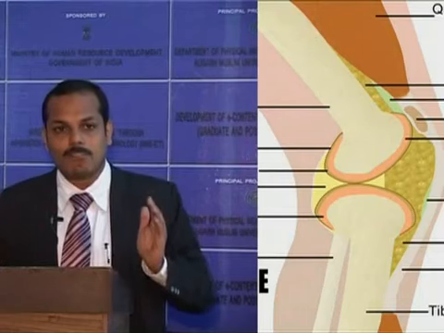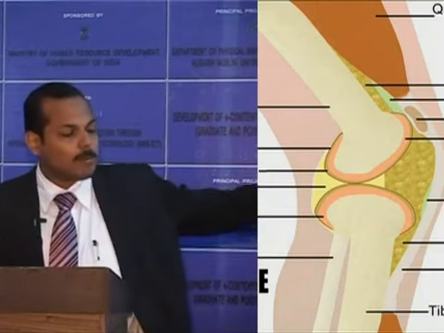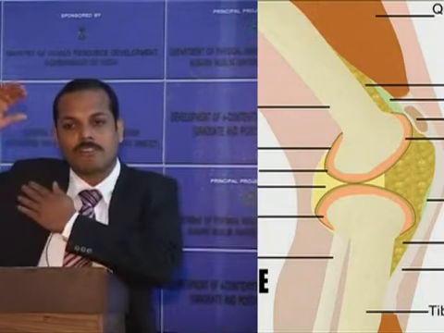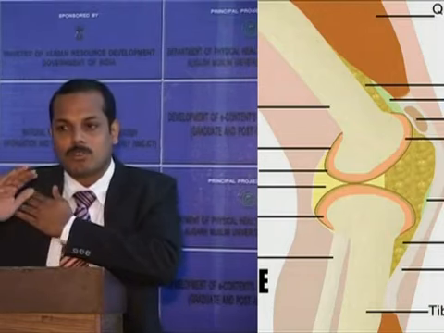Take the example of the shoulder joint: it has a lot of mobility, so it compromises the stability. That is, the shoulder is a joint where stability is less and mobility is more. But the knee joint has both stability and mobility, and it is one of the largest joint complexes of the body.